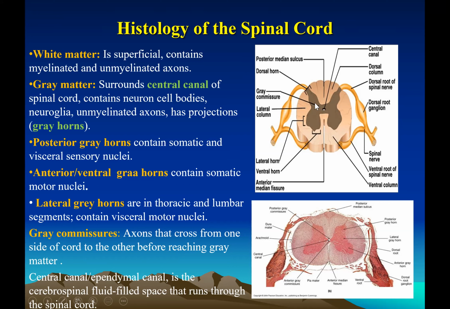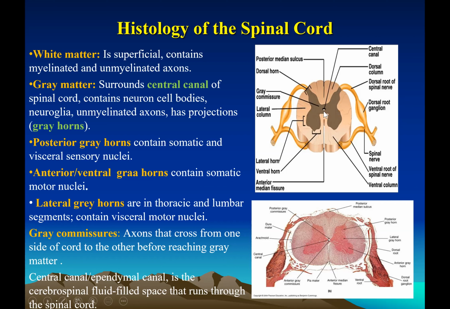It has the visceral motor nuclei. Visceral means body organs. In the bridge, the axons will actually cross over. It is called the gray commissure. The axons will cross from one side of the spinal cord to the other before they reach the gray matter.